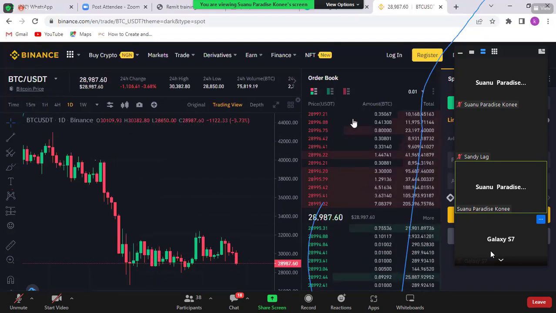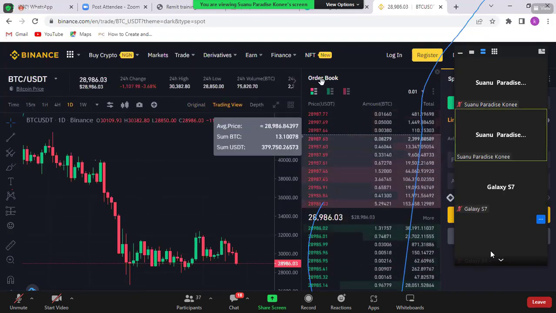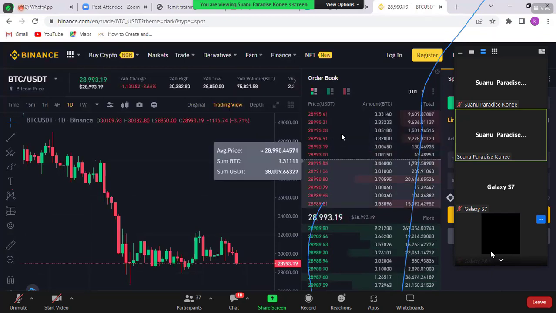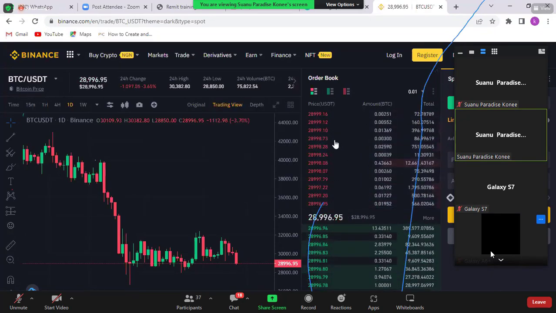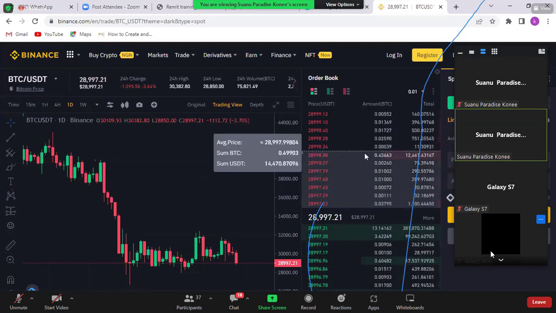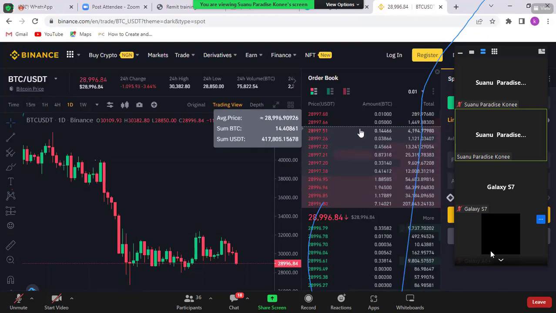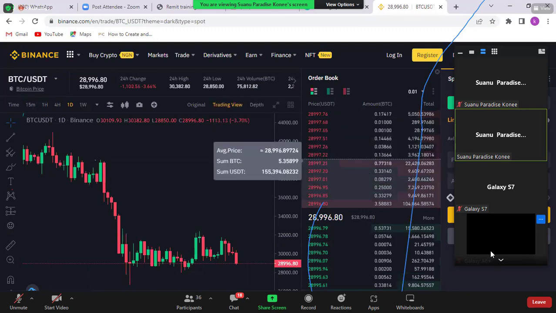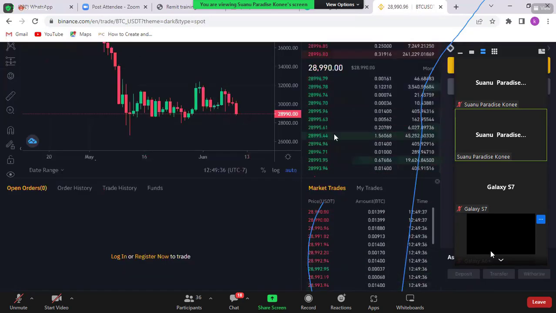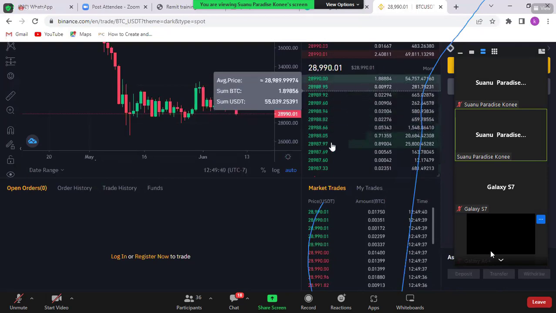Right? Now, right here we have what we call the order book. In the order book, this red indicates the number of persons that want to sell and their open orders. This green indicates the number of persons that want to buy and their open orders.